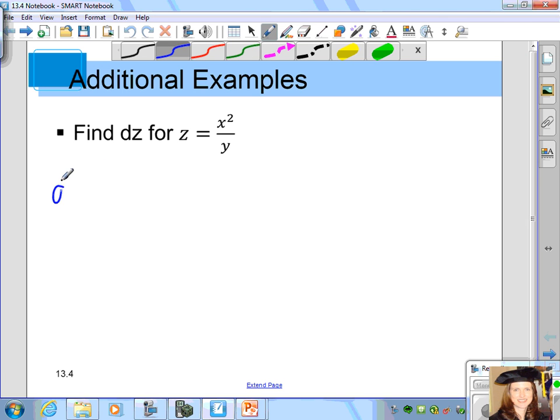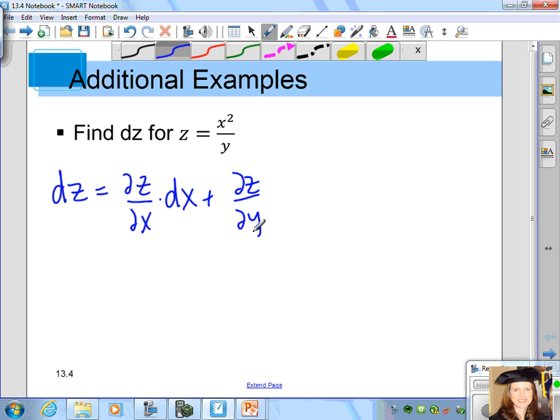Okay, the total differential dz is equal to the partial derivative of z with respect to x times dx, plus the partial derivative of z with respect to y times dy.